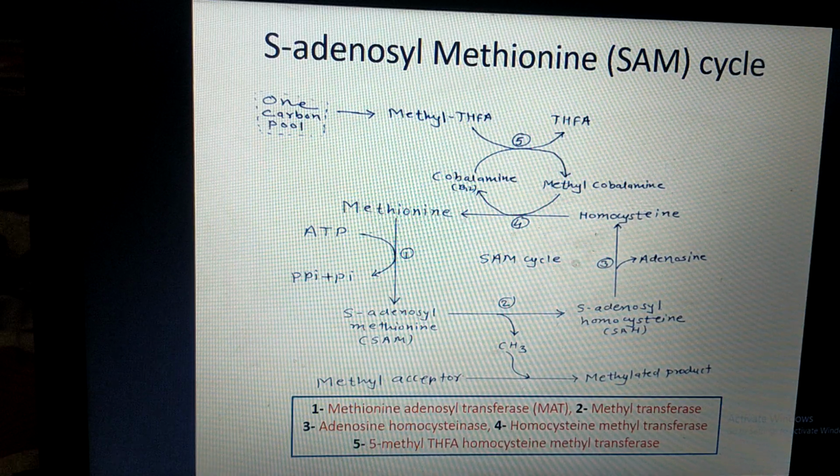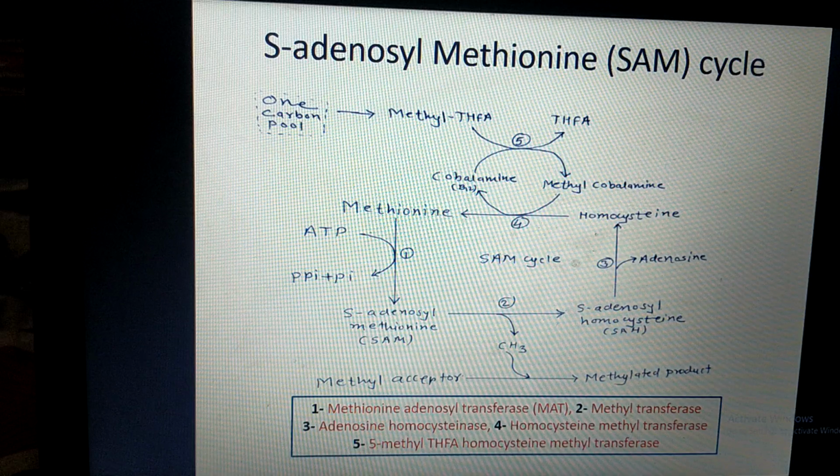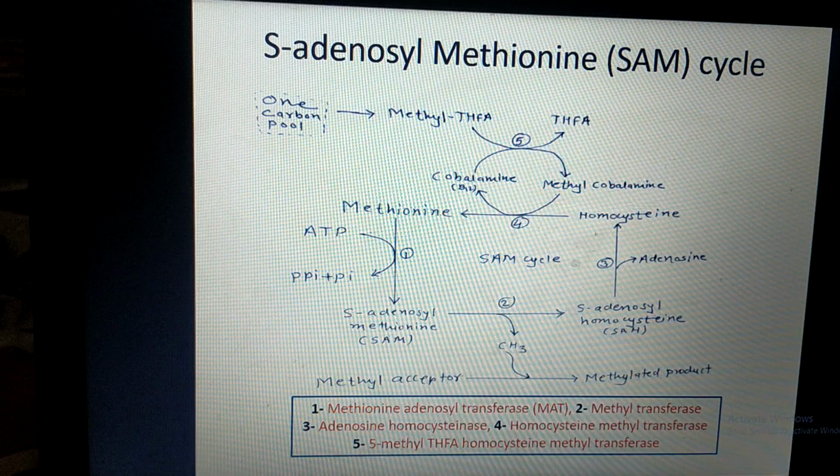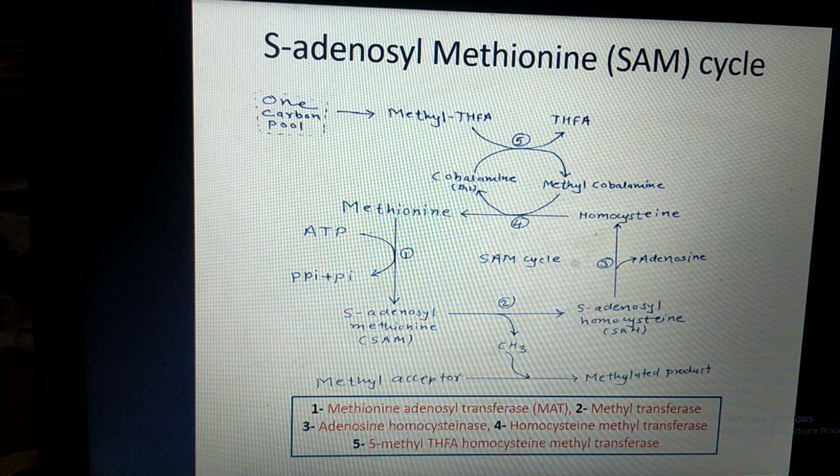Methionine combines with ATP, where 3 phosphate groups are removed and the adenosyl group is added to methionine to form S-adenosyl methionine. This S-adenosyl methionine donates a methyl group to an acceptor to form a methylated product and gets converted into S-adenosyl homocysteine, SAH. Later on, the S-adenosyl homocysteine donates the adenosyl group to form homocysteine.